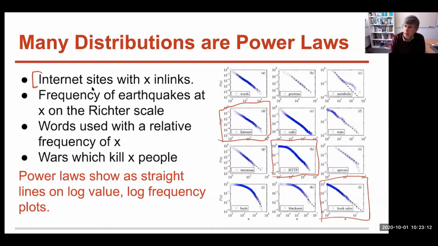Okay, if so, I can guess based on how many sales I have what the number of sales of the best-selling book is, if it observes a power law and I know what that A is. And is there a rich gets richer mechanism in book sales?